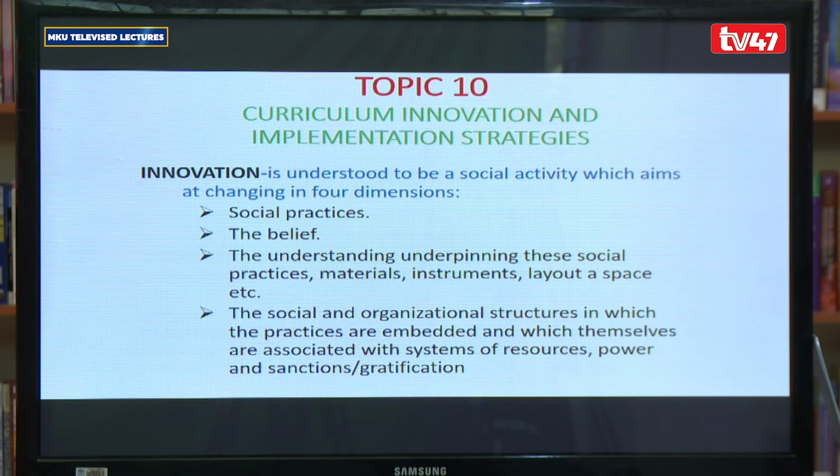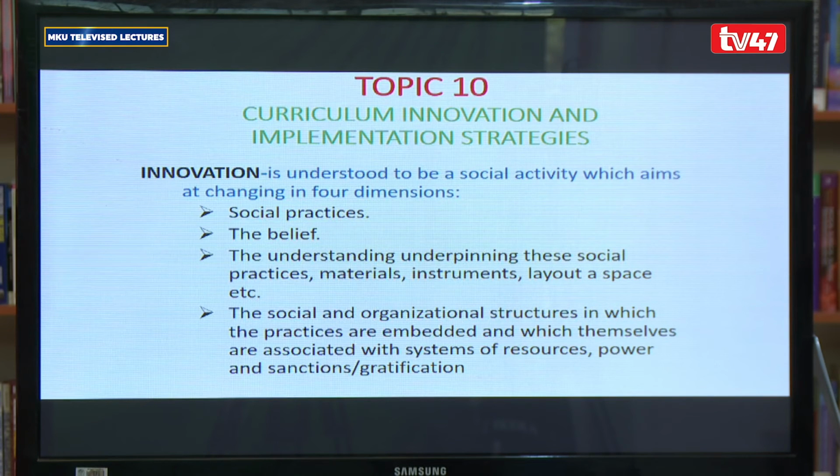Innovation is understood to be a social activity which aims at changing in 4 dimensions. The first dimension is social practices. Secondly, the beliefs. Thirdly, the understanding, which underpins the social practices, materials, instruments, and the layout of space, among others.